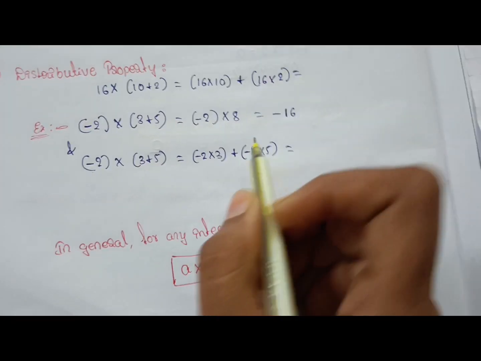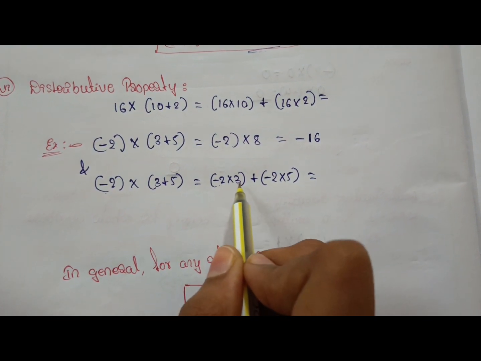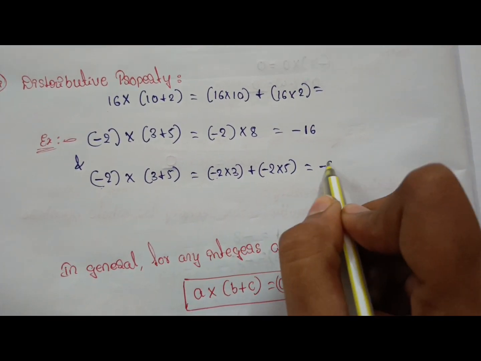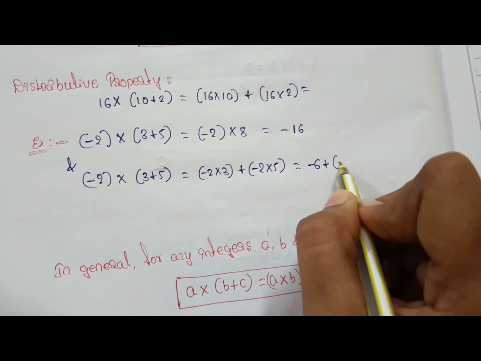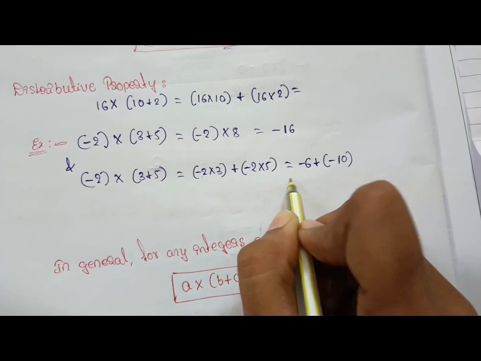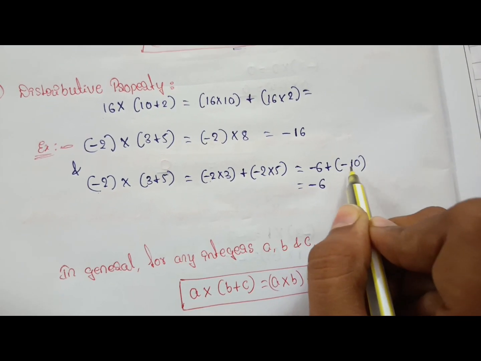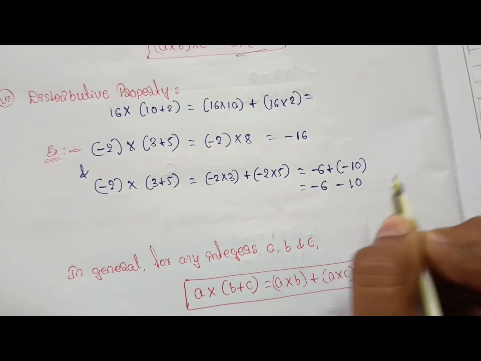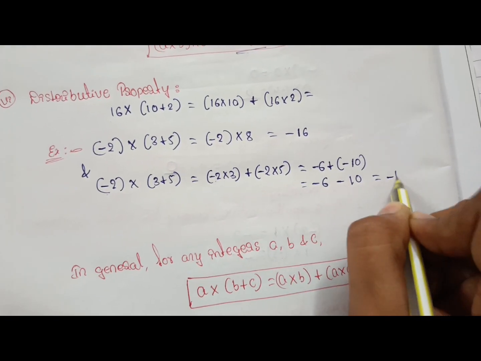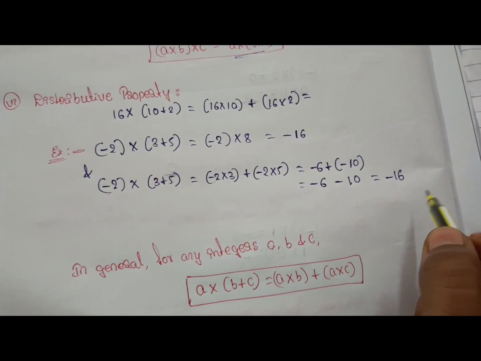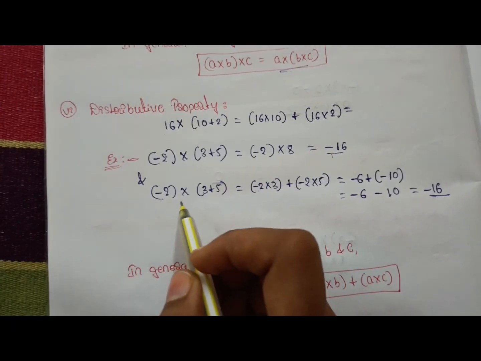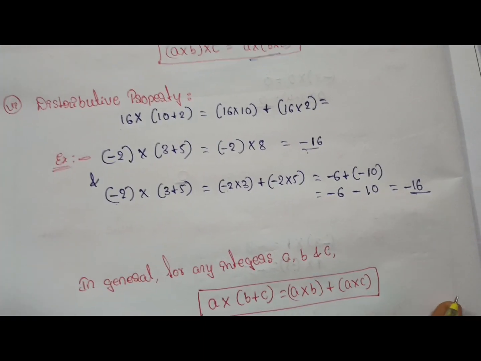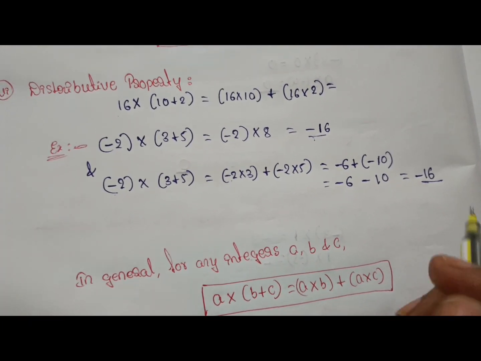This is equal to minus into plus minus, 2 3 is a 6, minus 6 plus minus into plus minus, 2 5 is a 10. This is equal to minus 6 plus into minus, minus 10. This is also equal to minus 16. So the answer is same for both the conditions. So we can say that distributive property is applied for multiplication also.